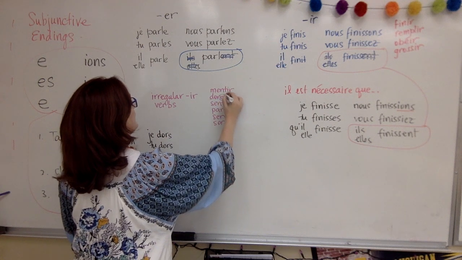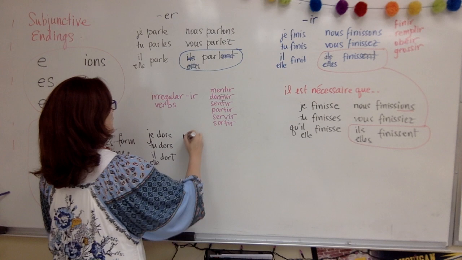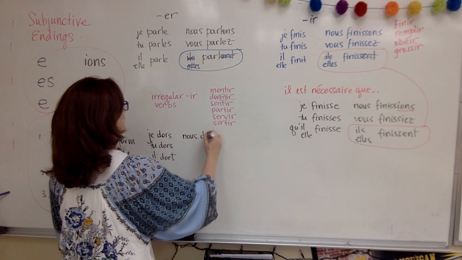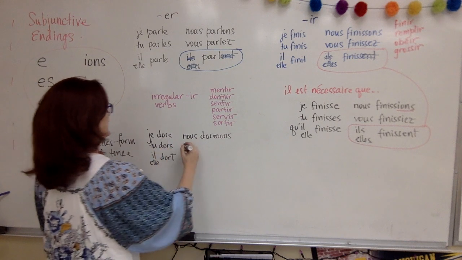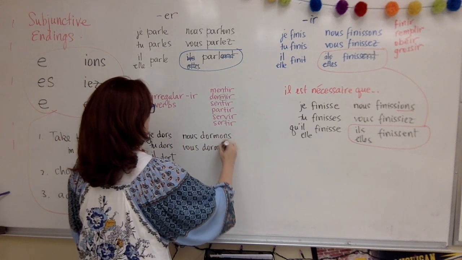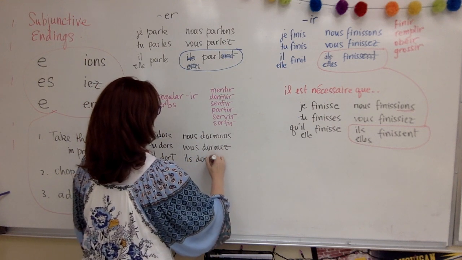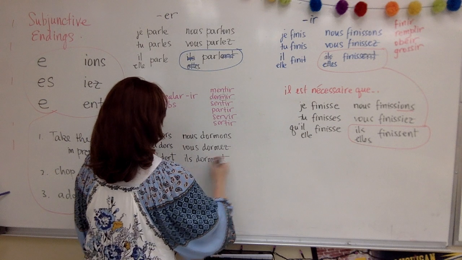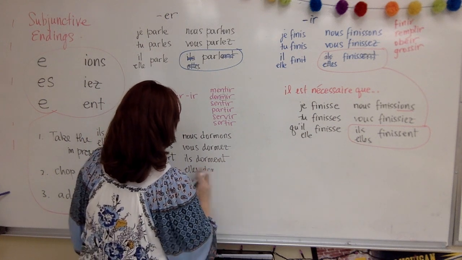This is that wild card letter that only appears on the right-hand side of the verbs. Nous dormons. Right? The M wasn't over here. Vous dormez. Ils dorment. Elle dort. Oops, I don't need to do that.